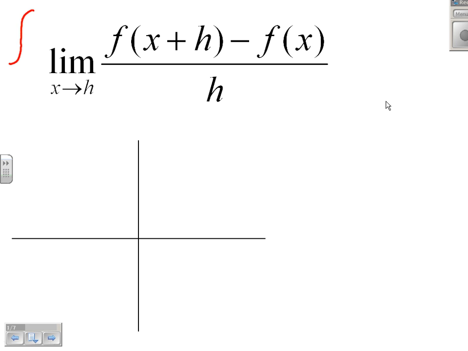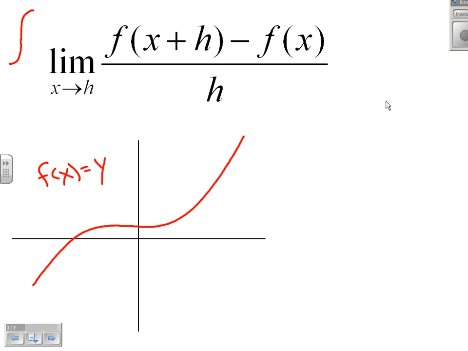So here we go, a debunking, an explanation of what this creature really is before we look at some problems in regards to it. Let's say we have a function, in this case f of x, and let's say the graph of that function ends up looking maybe something like this. So this is f of x equals y.